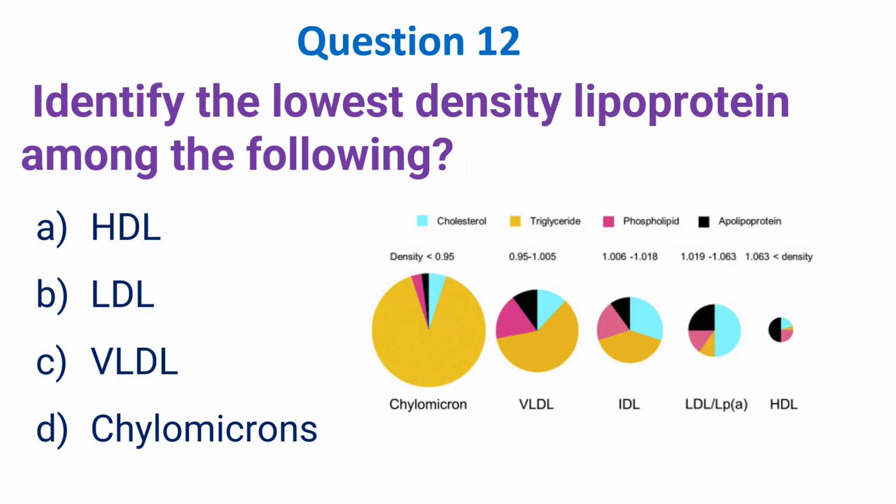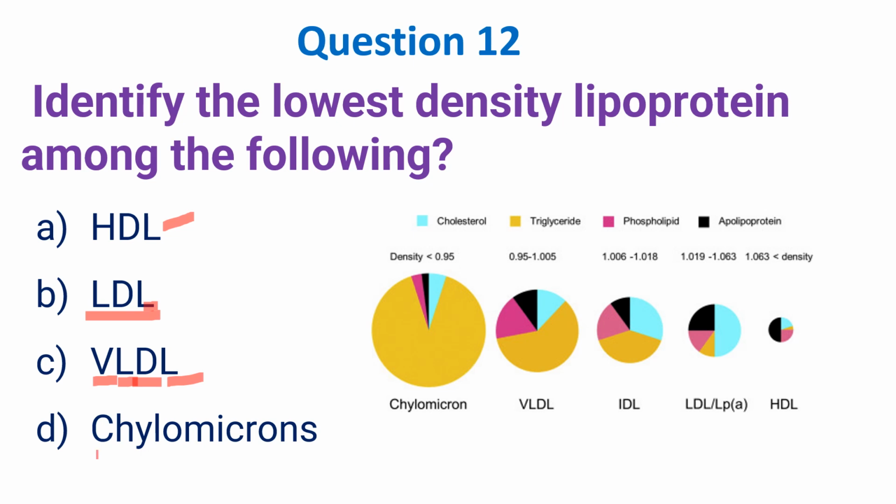Identify the lowest density lipoprotein among the following. Options are A. HDL, the full form of HDL is high density lipoprotein. Option B. LDL, low density lipoprotein. C. Very low density lipoprotein.